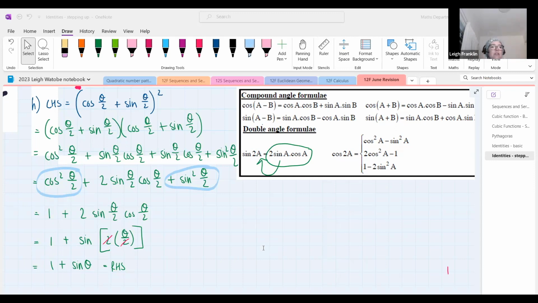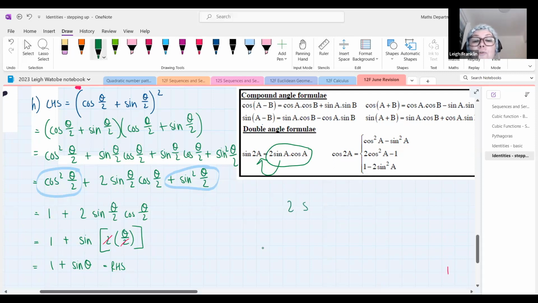Which notation? The 2 times the theta over 2 in the square brackets. Oh, okay, all right. In other words, what I'm doing is this: if you've got 2 sine theta cos theta, that is a sine double angle. That's all I'm doing.